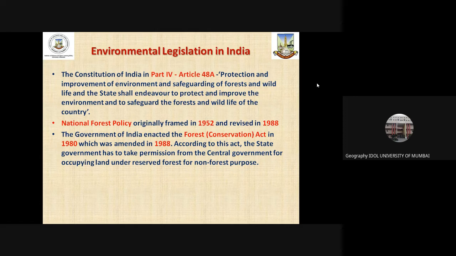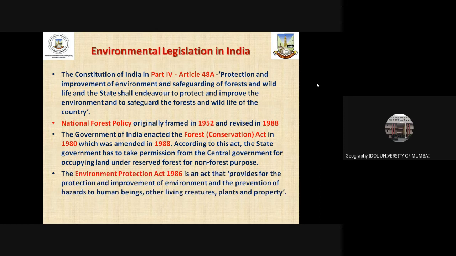forest for non-forest purposes. The EPA, that is Environmental Protection Act, is the act that provides the protection and improvement of environment and the prevention of hazards to human beings, other living creatures, plants, and property.